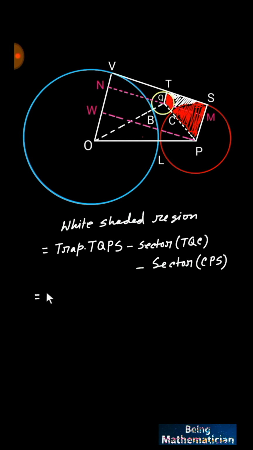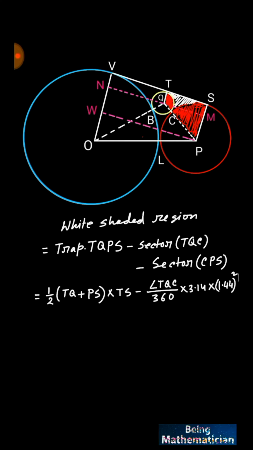Now the area of trapezium TQPS is half into the sum of parallel sides, that is PQ plus PS, into the height, here it is TS, minus the area of sector TQC, which is angle TQC divided by 360 into 3.14 into 1.44 square, that is the radius of the smallest circle, the yellow circle.